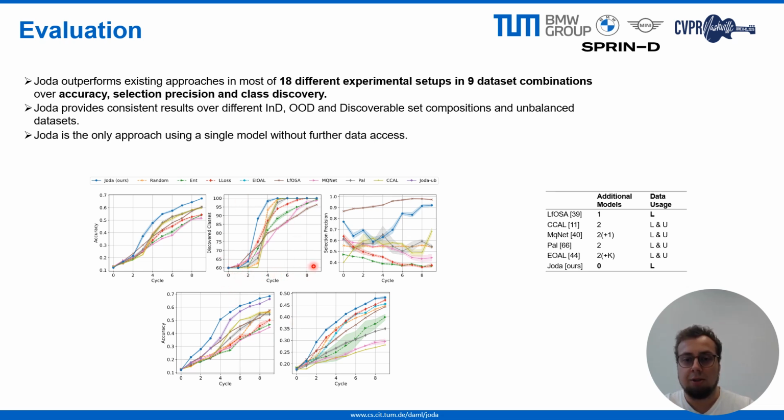For selection precision, JODA is improving with the amount of data, but only ranks second. It should be noted that the high selection precision of LF-OSA comes with the cost of a low class discovery, so JODA provides the best trade-off. In addition, it should be mentioned that JODA is indeed the only method without additional models and data access.